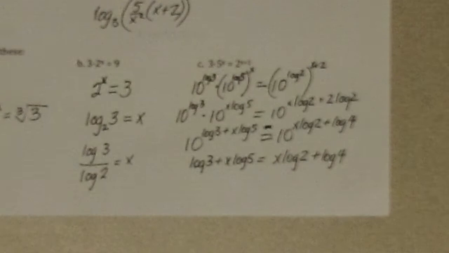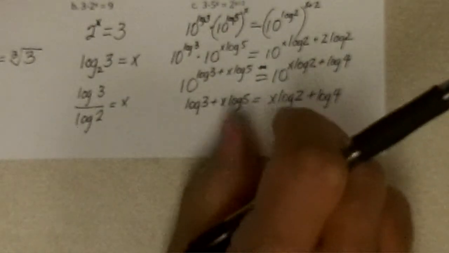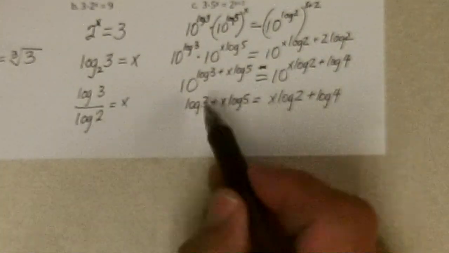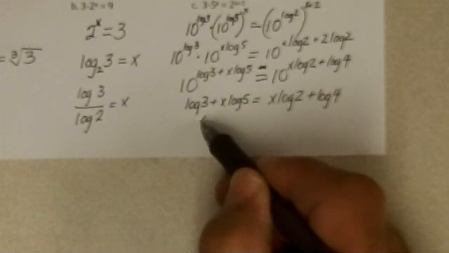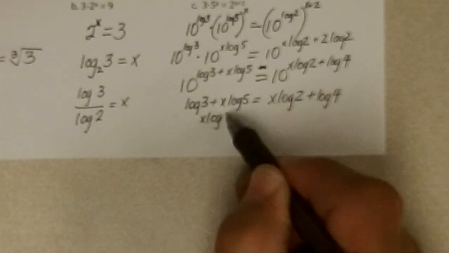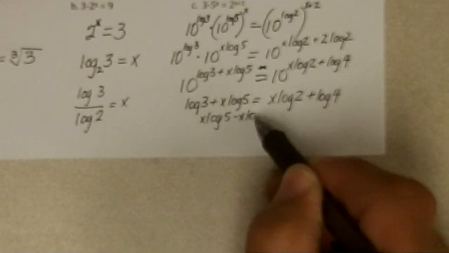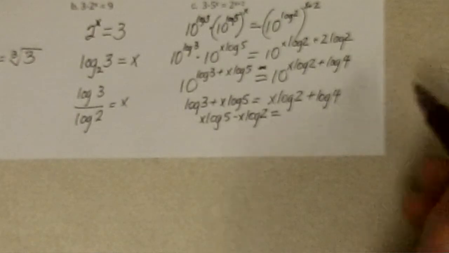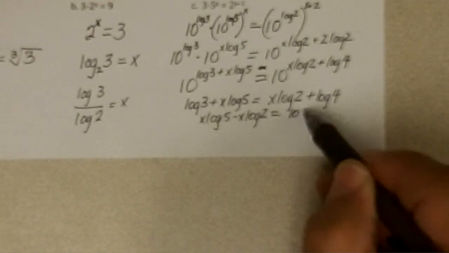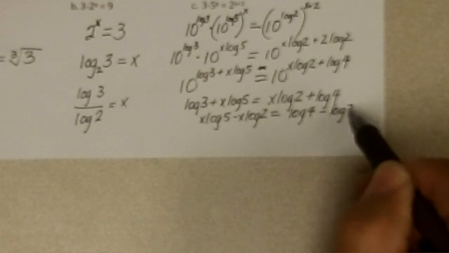Now, since we're trying to solve for x, I will get all the x's on the same side, so I'll bring this one over and I'll subtract the log 3 from both sides, and so I'm going to get x log 5 minus x log 2 equals log 4 minus log 3.